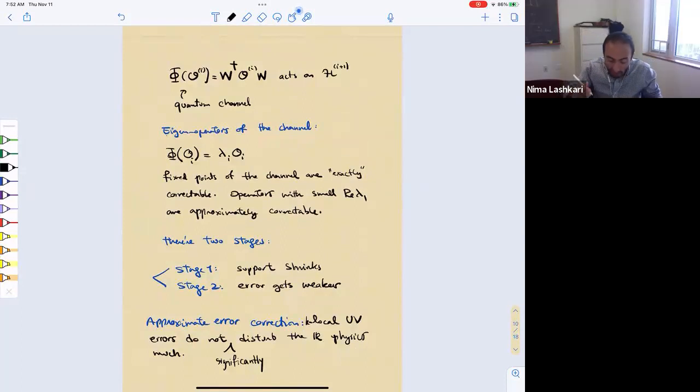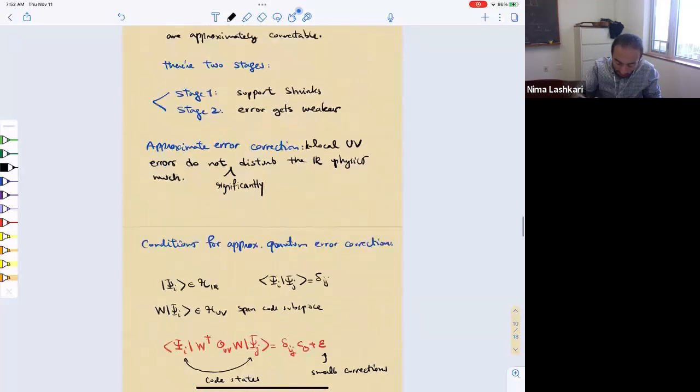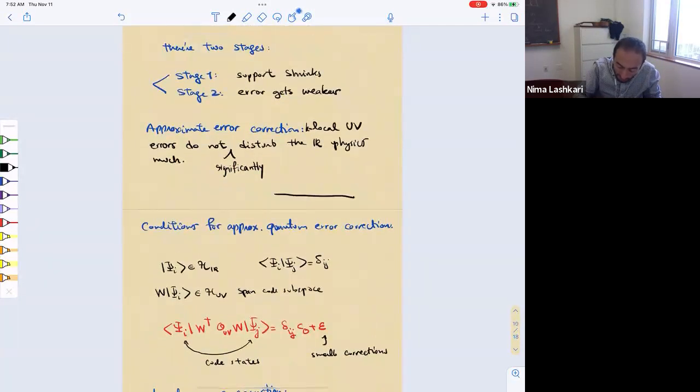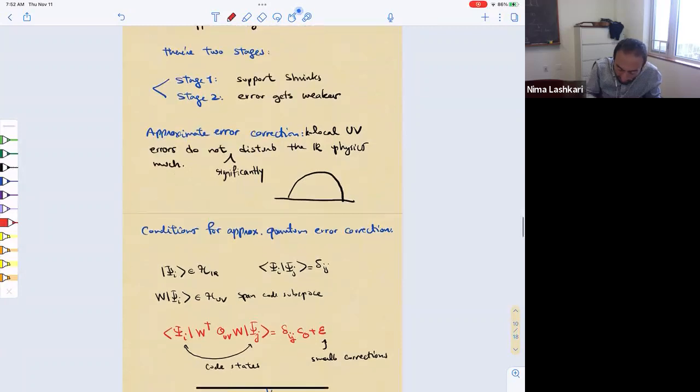Exactly. Precisely. So this is to be compared with holography. So in holography, what we have is something like this, right? There are these RT surfaces, right? So if you insert some sort of a non-local operator here, this non-local operator basically only affects things up to here.